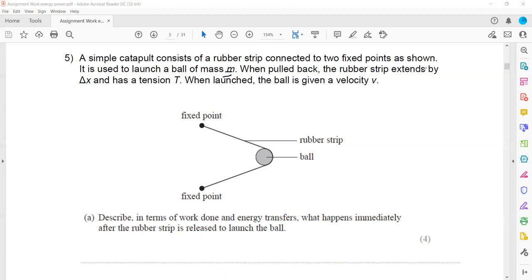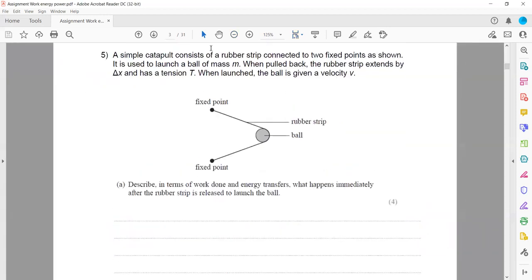When pulled back, the rubber strip extends by delta x, and the tension is T. When launched, the ball is given the velocity v. So the ball is coming out with velocity v. Describe in terms of work and energy transfer what happened immediately after the rubber strip is released to launch the ball. And see the weightage of the marks, it's 4 marks.